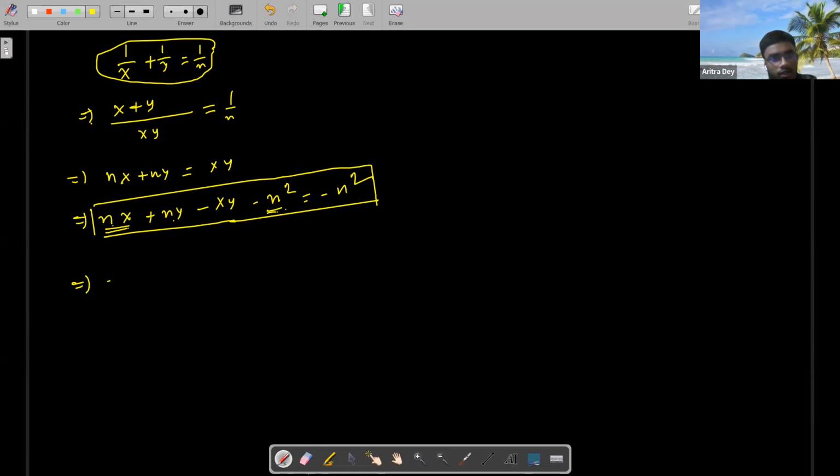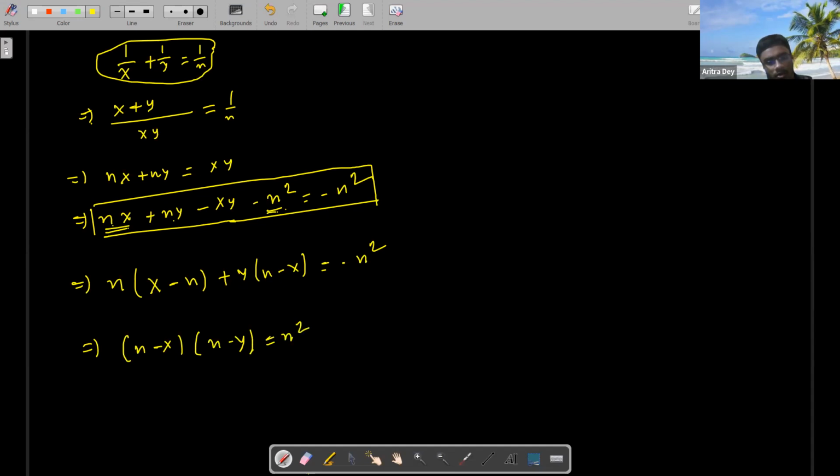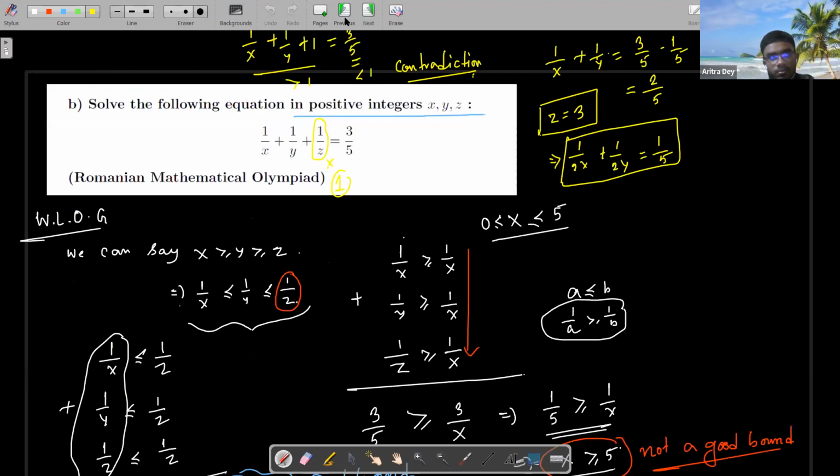I can take n common from here, so it is basically x minus n, and I can take y common from here, so it is again n minus x, equal to minus n square, and again it can be factorized. N minus x into n minus y equal to n square or something like that. Maybe I'm wrong, maybe some mistake in sign, but the idea is this. So from this step we can easily conclude this.